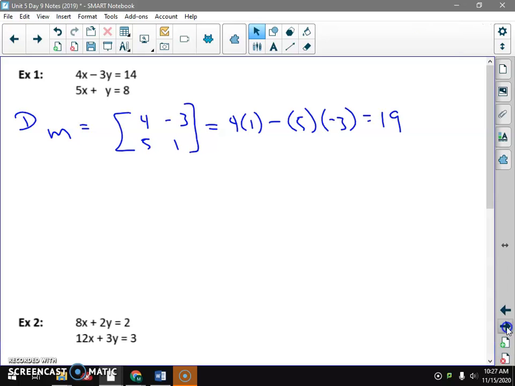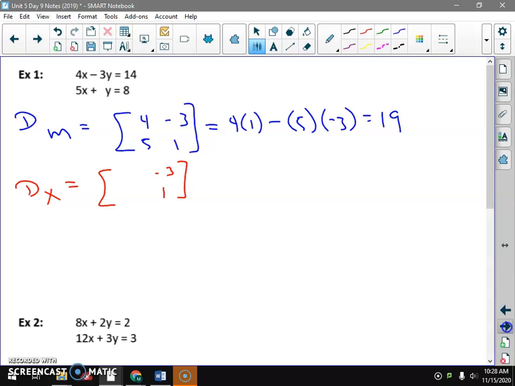All right, let's do Dx. Dx kicks the x's out and keeps the y's, the negative 3, 1. And what does it do? It replaces the x coefficients with the answers. And we're now going to find that determinant. 14 times 1 minus 8 times negative 3. 14 plus 24, 38.